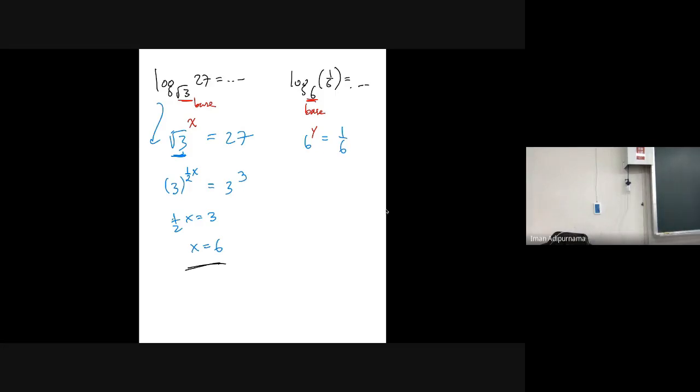Like this one, the square root of 3, you can make the square root become a power of half, right? 3 to the half x. From here, 27 is 3 to the power of 3.